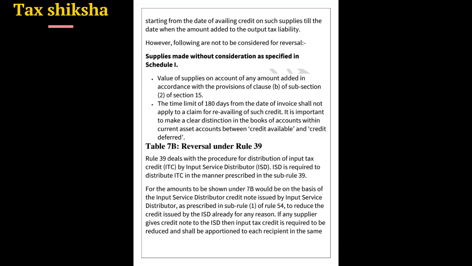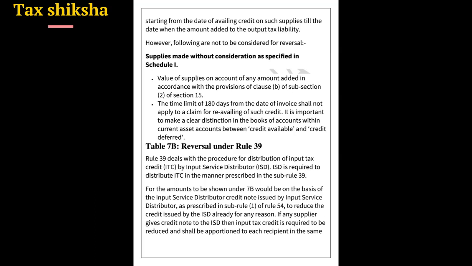The amounts to be shown under 7B would be on the basis of the credit note issued by the Input Service Distributor, as prescribed in Subrule 1 of Rule 54, to reduce the credit issued by the ISD already for any reason.